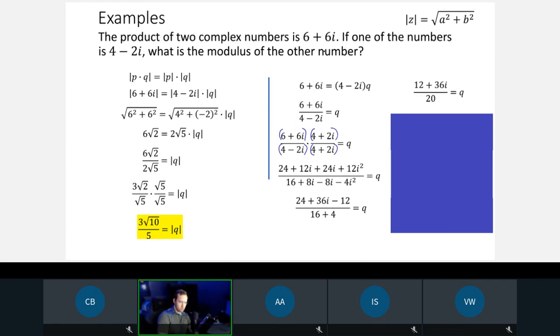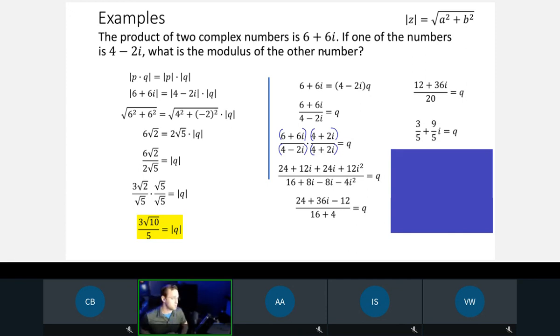So remember, for complex number format, we need an a, and then we need the plus or minus bi, right? Right now, we just have stuff over a common denominator, so you have to split it up. So we're going to rewrite this step and the next step as 12 over 20 and 36i over 20. So that's what we do next. And then you reduce it. 12 over 20 becomes 3/5. 36 over 20 becomes 9/5.